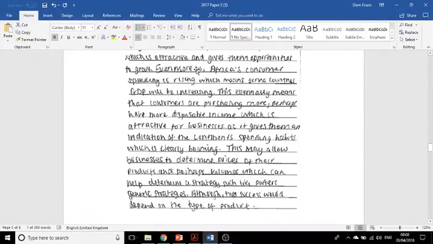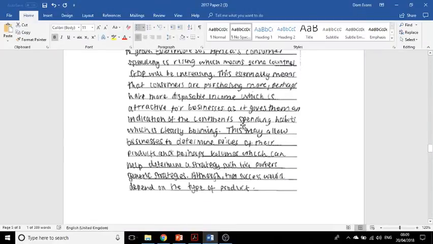This is the next point the student believes is even more important. "Africa's consumer spending is rising, which means that some countries' GDP will be increasing. This essentially means that consumers are purchasing more, perhaps with more disposable income, which is attractive for businesses as it gives them an indication of the country's spending habits, which is clearly booming.